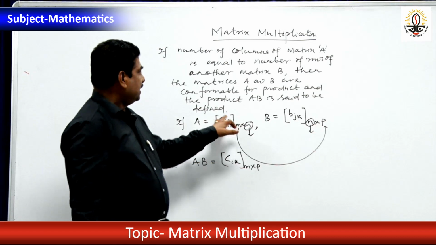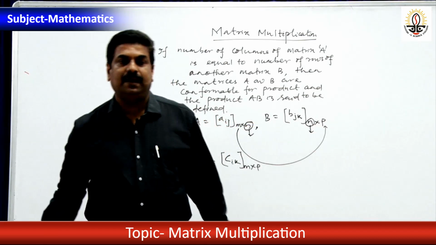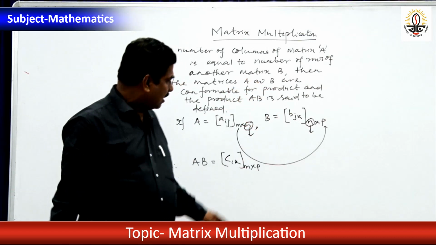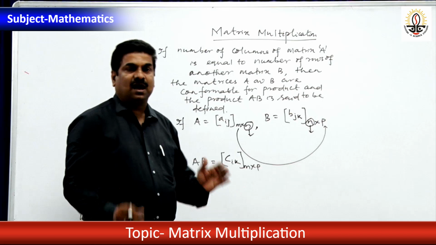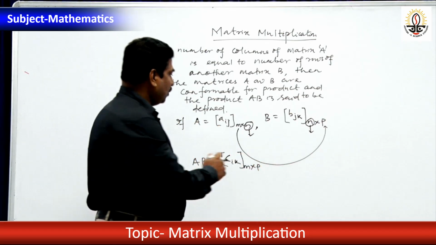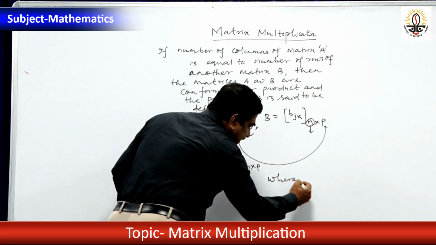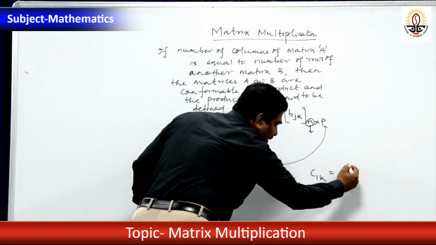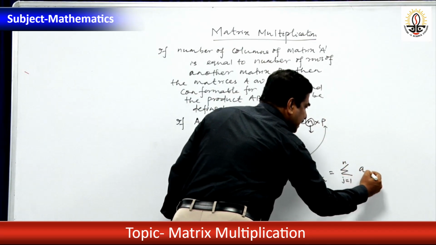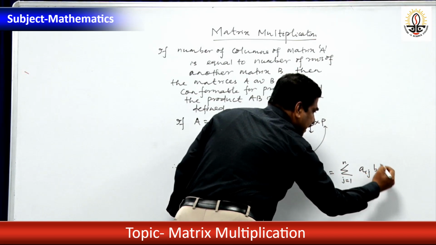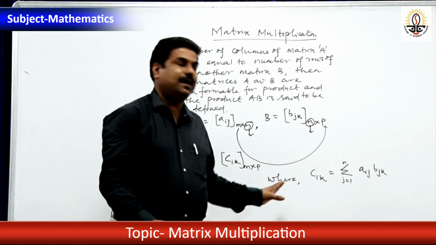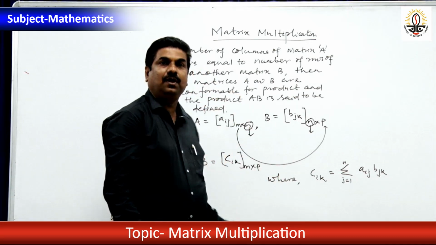A is a matrix of order m by n and B is a matrix of order n by p, and the product is also a matrix of order m by p, where Cik is equal to the summation of j equal to 1 to n of Aij into Bjk.